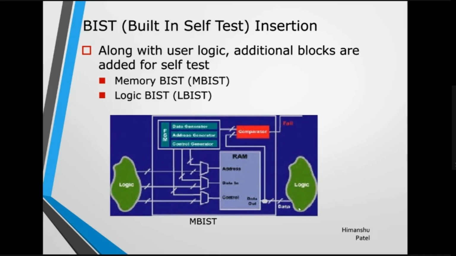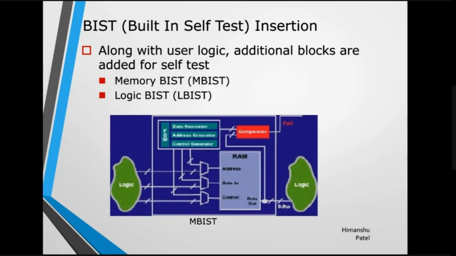If it is not coming, that means there is some issue from source to destination, some delay in the data path. So you will identify that for this transition, the fault type is transition fault. So that is one category.